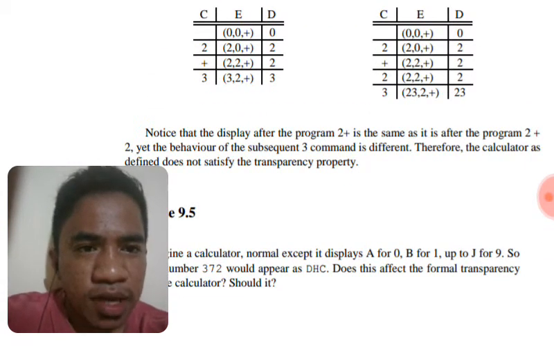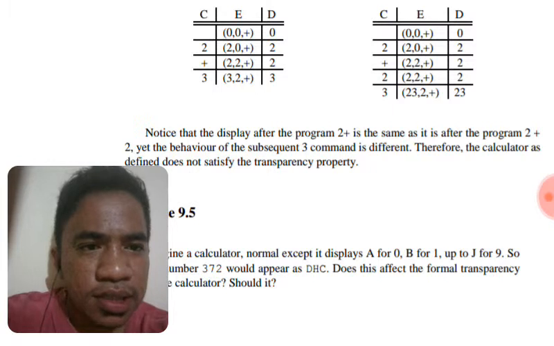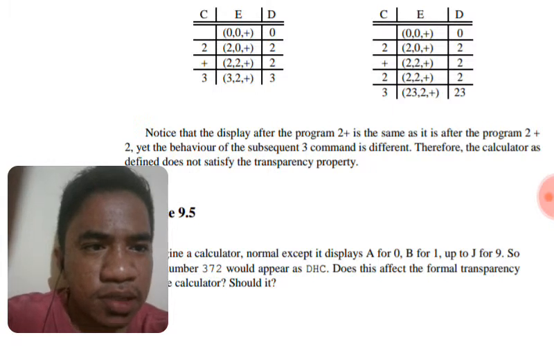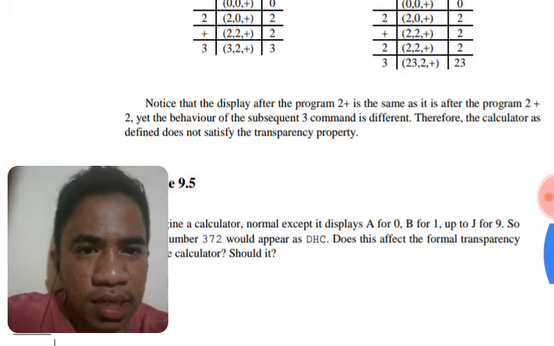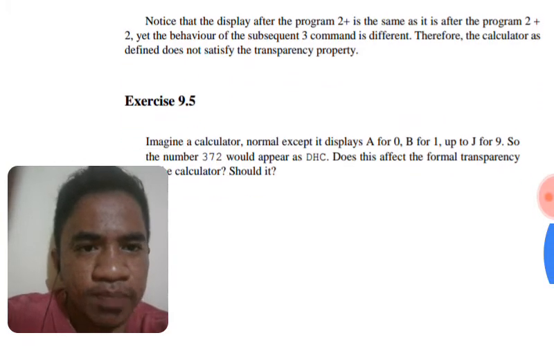Notice the display after the program 2 plus is the same as after the program 2 plus 2, yet the behavior of the subsequent 3 command is different. Therefore, the calculator as defined does not satisfy the transparency property.